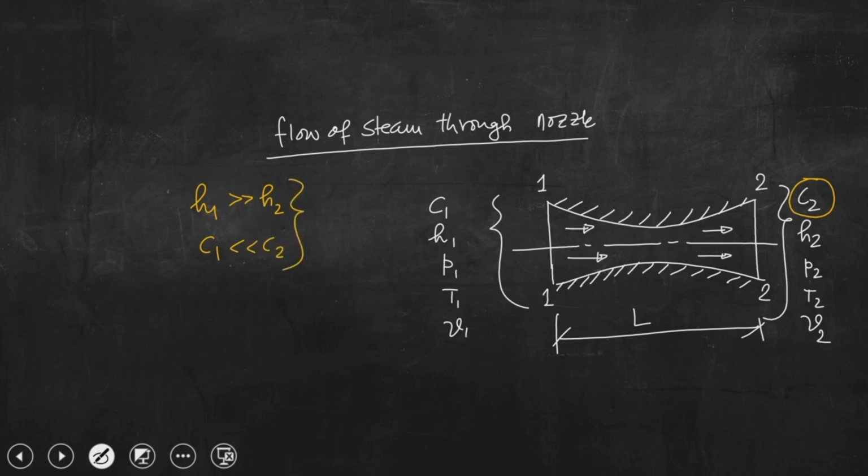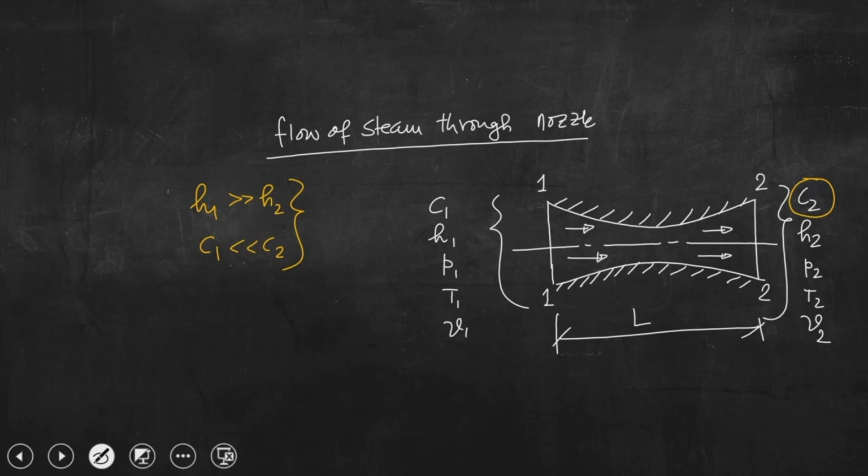We are playing with these two quantities using this device with the objective of having higher C2 at the exit, that is, higher velocity of steam at the exit at the cost of the reduction of enthalpy.